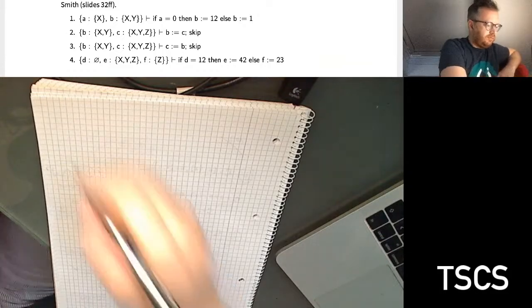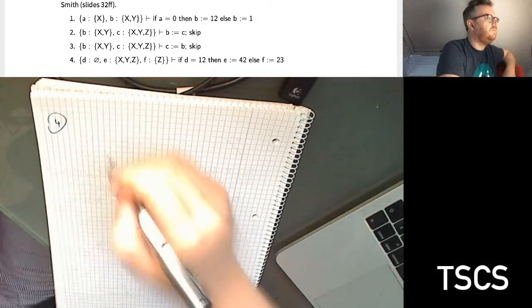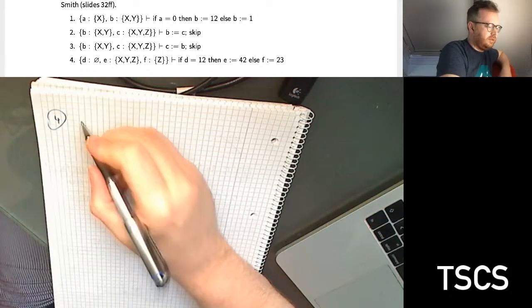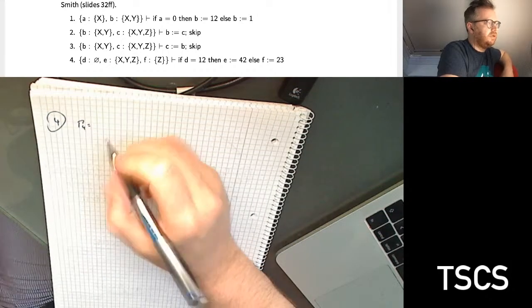Okay, let's go ahead. Number 4. Number 4 has a new context, and let's call it gamma 4, of course.